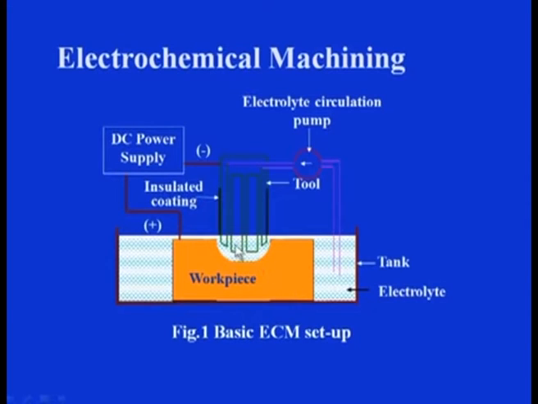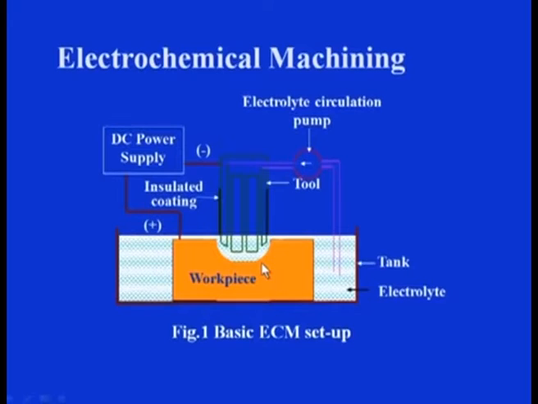So, this is the tool and this is the workpiece, and there will be a gap, also called the inter-electrode gap. This gap will be maintained and continuously filled by the electrolyte. We will come to the details about the electrolyte, its characteristics, and the conventionally used electrolytes in this process.